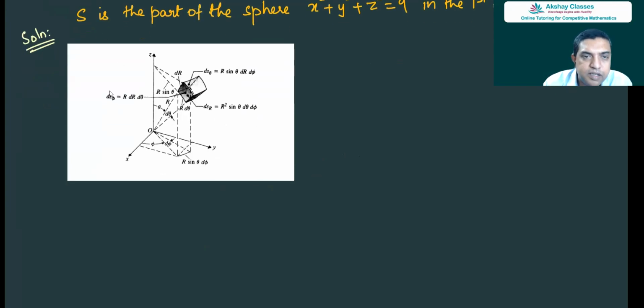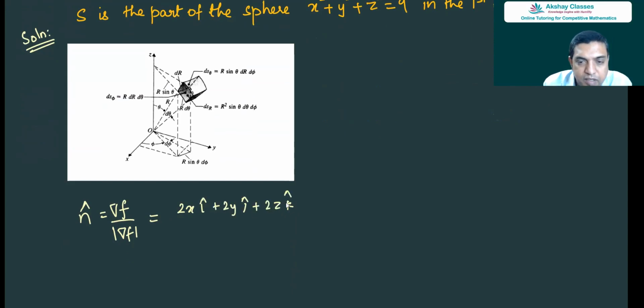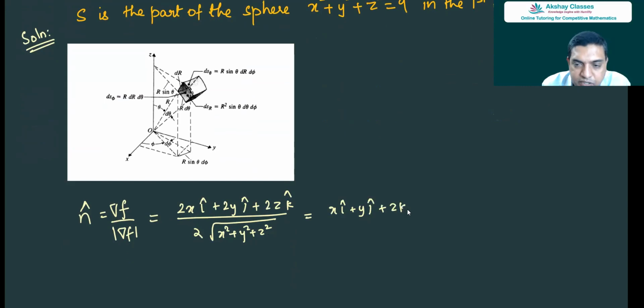Now let us do the calculation. n cap will be gradient f by modulus of gradient f. Gradient of x squared plus y squared plus z squared equal to 9 gives 2x i plus 2y j plus 2z k, upon 2 root of x squared plus y squared plus z squared, which is 3. So we get x i plus y j plus z k upon 3.